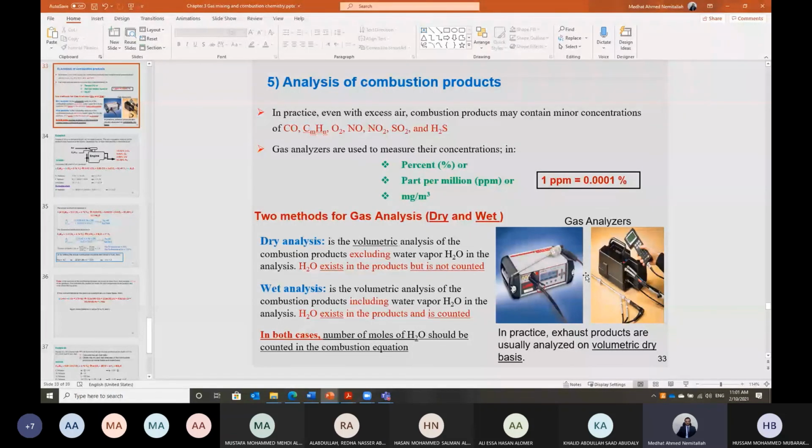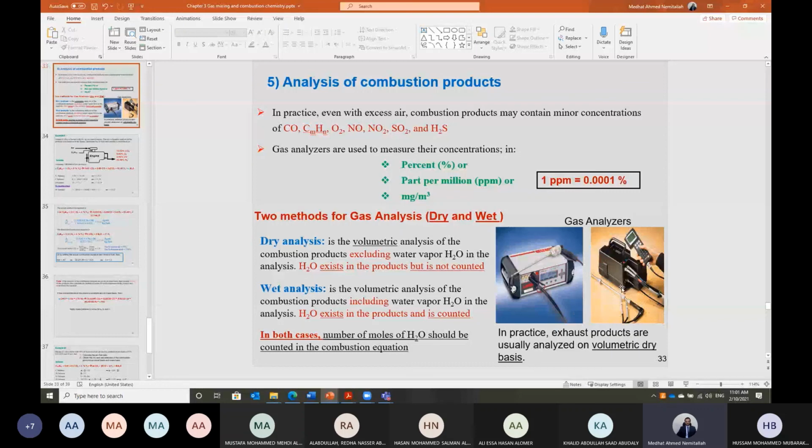Otherwise it will result in an incorrect or bad analysis. But if the gas analyzer is already designed to account for H2O, then we can get the full analysis. So it depends on the design of the gas analyzer.